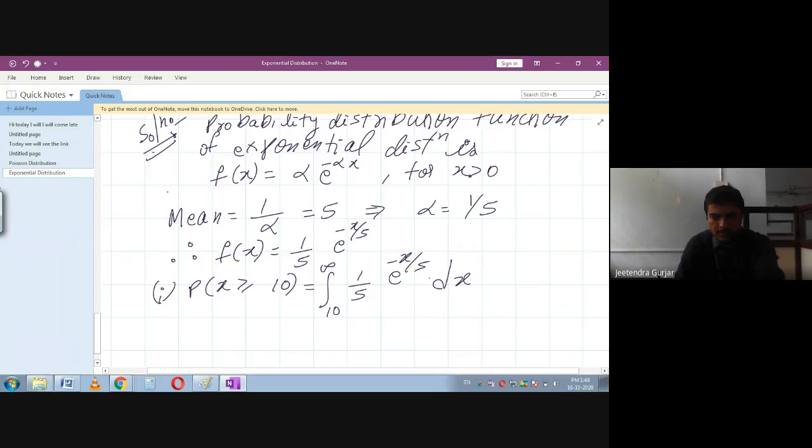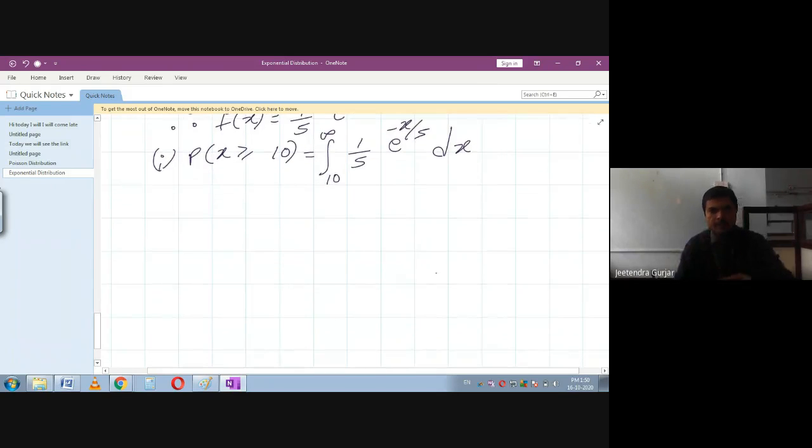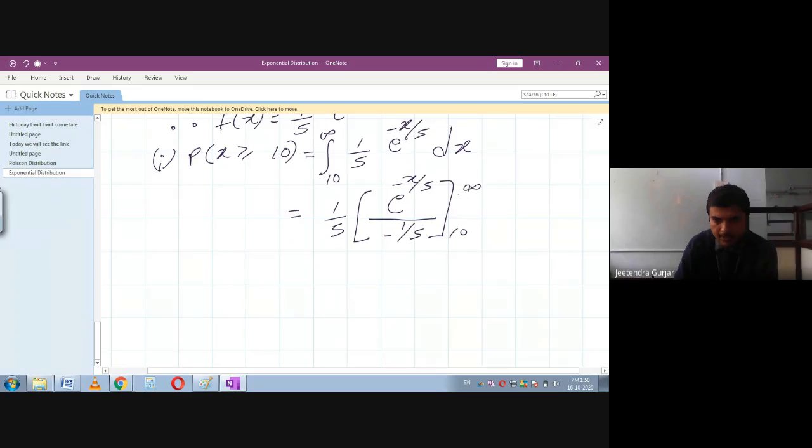Substitute the values of upper limit and lower limit in the integration. So 1 upon 5 is constant, right? 1 upon 5 outside. Integration, already I have told you the formula for integration of e raised to ax. So minus 1 upon 5 remains, integration from 10 to infinity. Again this 1 upon 5, 1 upon 5 will get cancelled.